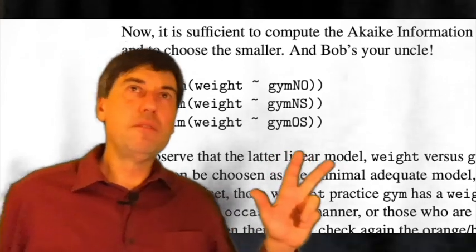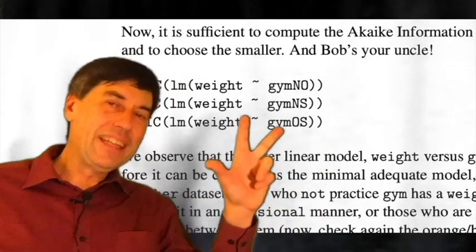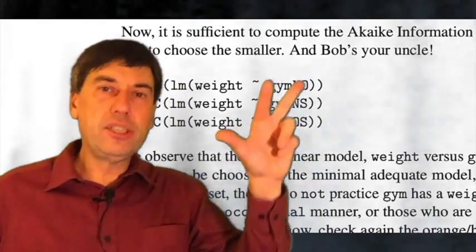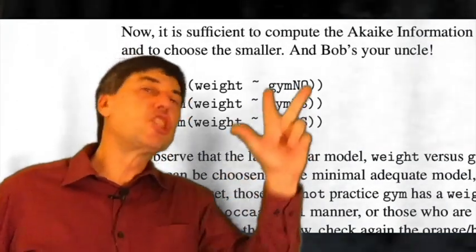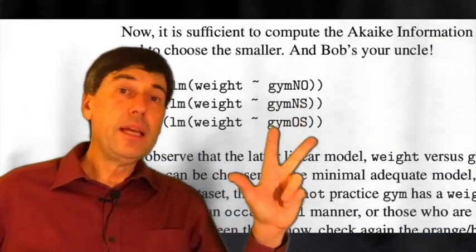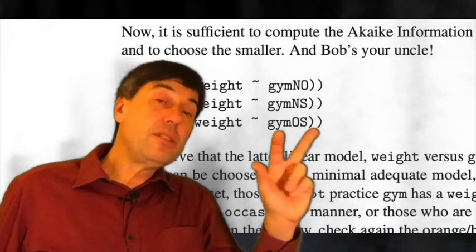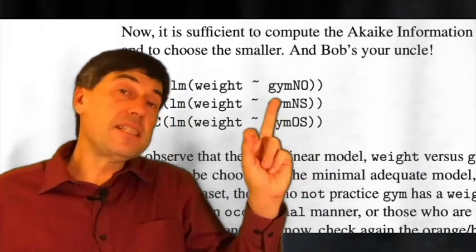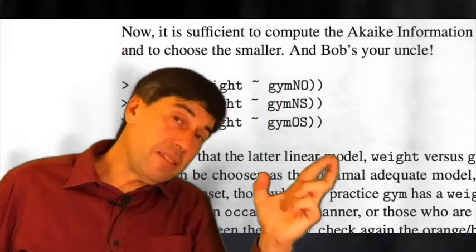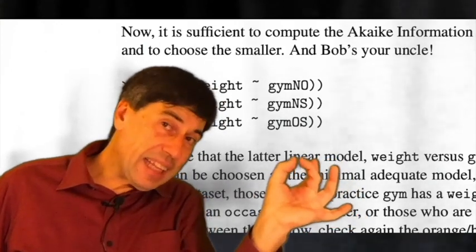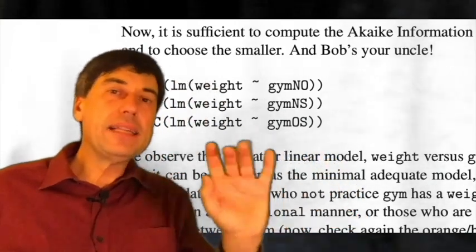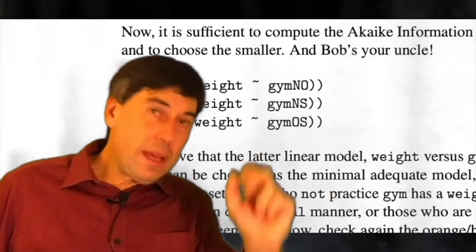We have the group N, not practicing, the group O, occasional, and the group S, sporty. Okay, you can try to join, for instance, the first and the second group, or the second and the third, or the first and the third.